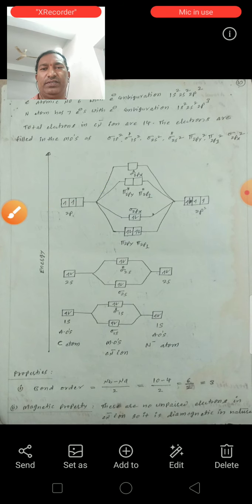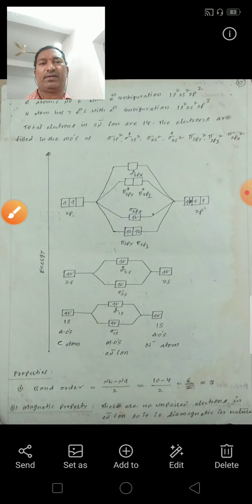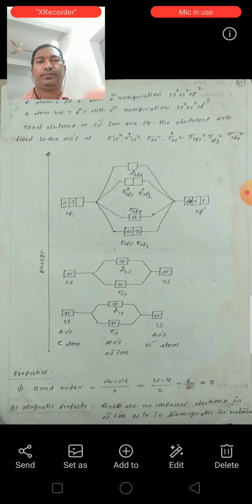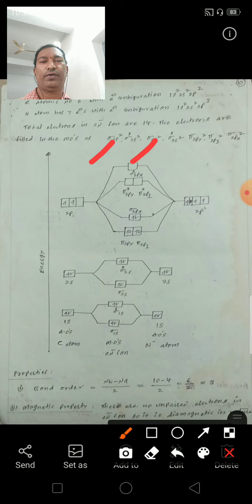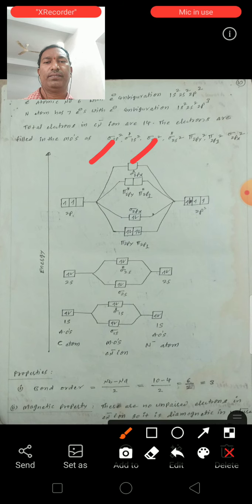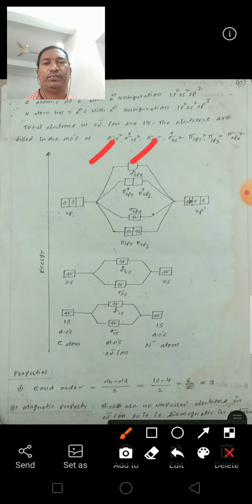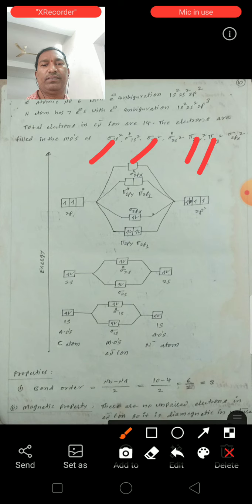Okay. So now the number of electrons in bonding molecular orbitals is 2 plus 2 is 4, plus 2, plus 2, plus sigma. Okay, 14 electrons completed.